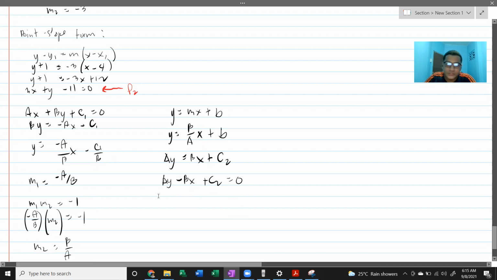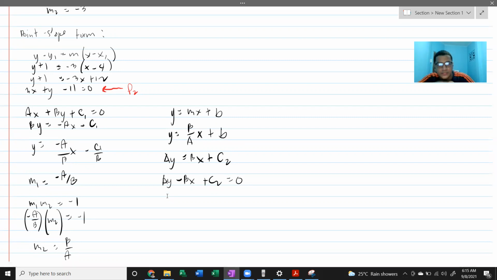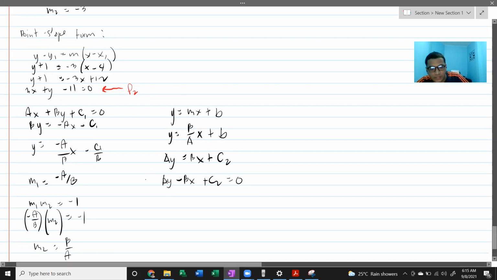So what can you deduce from this result? Okay, I will write the two equations that we have solved. Our first line is ax plus by plus c1 equals 0, and our second line is ay minus bx plus c2 equals 0.